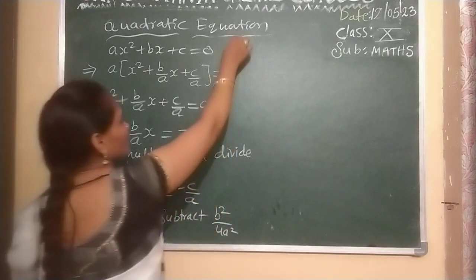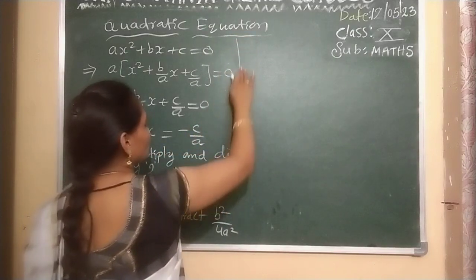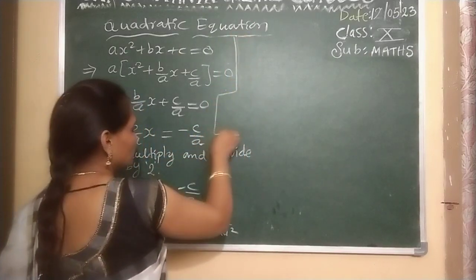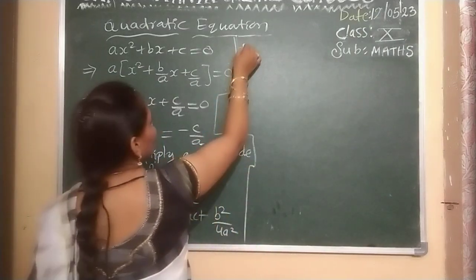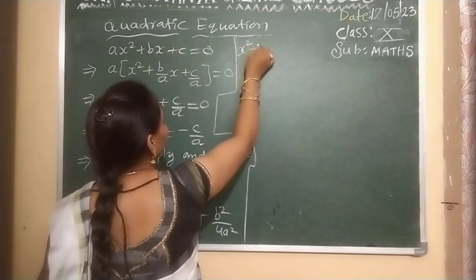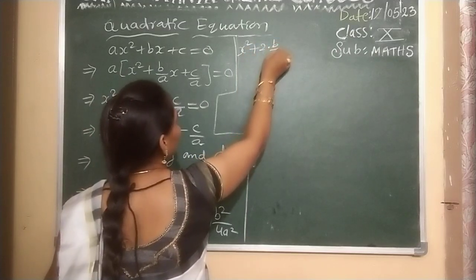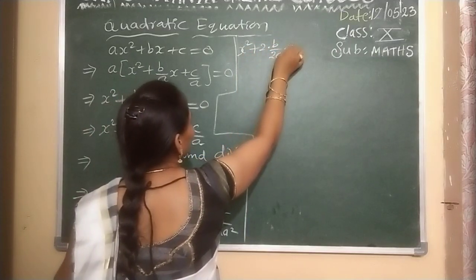Now see, x square plus 2 into b by 2a into x.